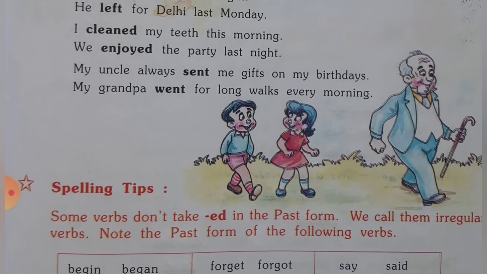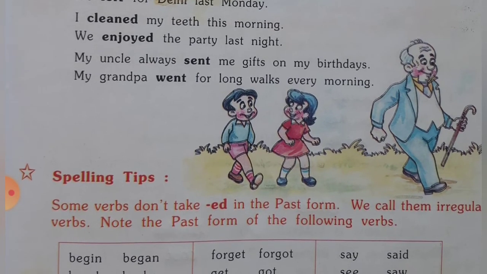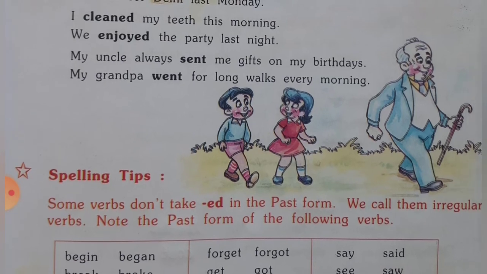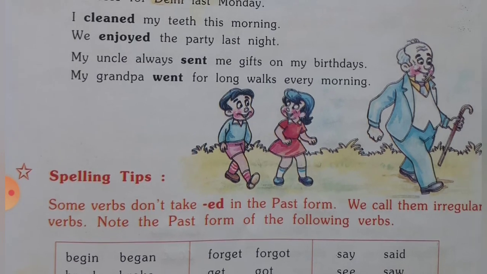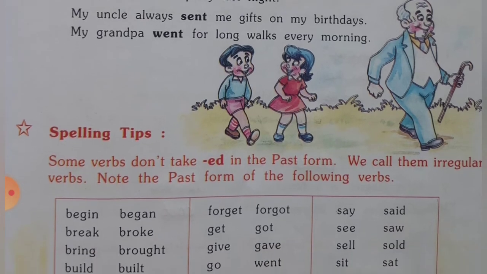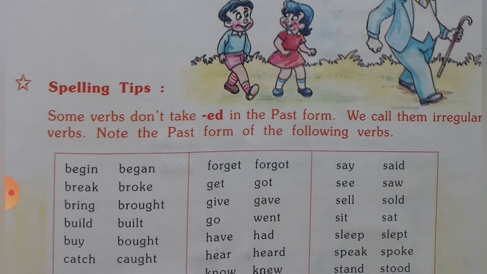Some tips for spelling. Some verbs don't take ed in the past form. We call them irregular verbs. Note the past form of the following verbs, like begin, and its past form is began.